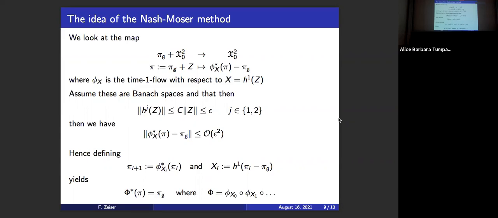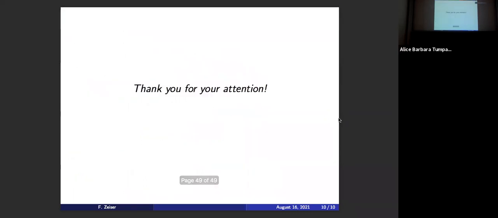So that somehow takes care of getting back. First we increase the derivative by these homotopy operators, and the smoothing operator allows us to get back to our original n in order for the algorithm to work. Because otherwise, with every step, we would take higher and higher derivatives, which would not work. Okay, and I think I would leave it at that, and I would like to thank you for your attention.